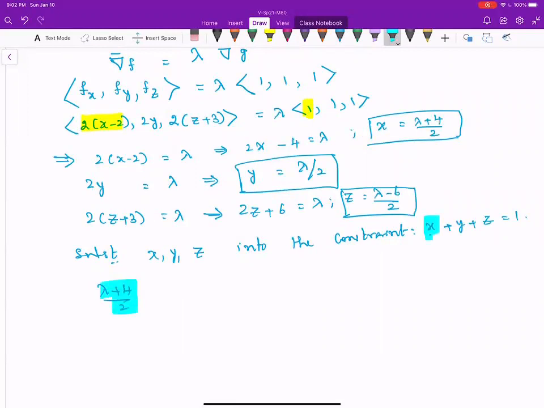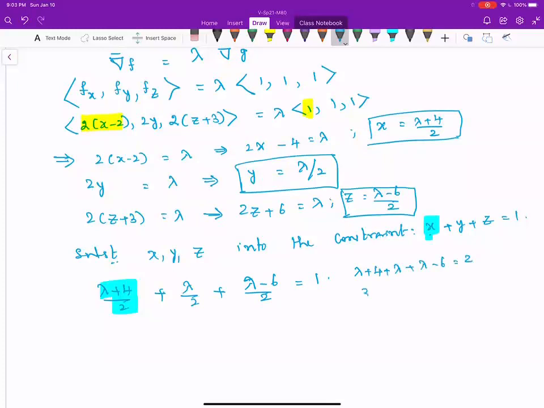Then similarly, y and z, if you substitute, you get lambda divided by 2 plus lambda minus 6 divided by 2 equal to 1. So we get lambda plus 4 plus lambda minus 6 equal to 2.